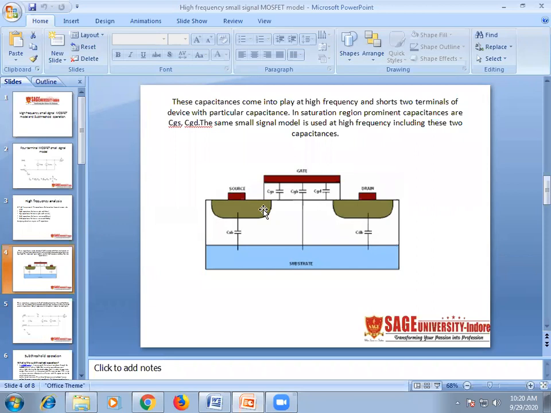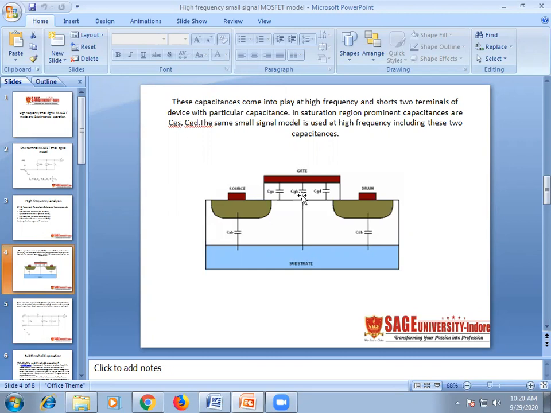Likewise we have a capacitance being offered by gate and body, that is defined by CGB. B stands for body. So when we work with such devices in which these parasitic capacitances are present, we'll have to incorporate these capacitances when we are using our devices at higher frequency.